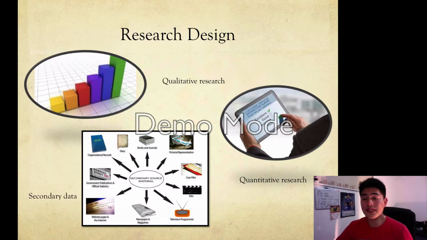Next step is research design. There are three elements in research design, which are qualitative research or focus group, quantitative research or survey, and secondary data.